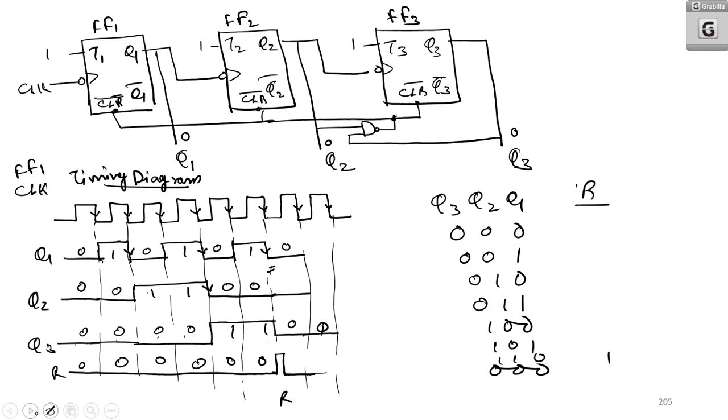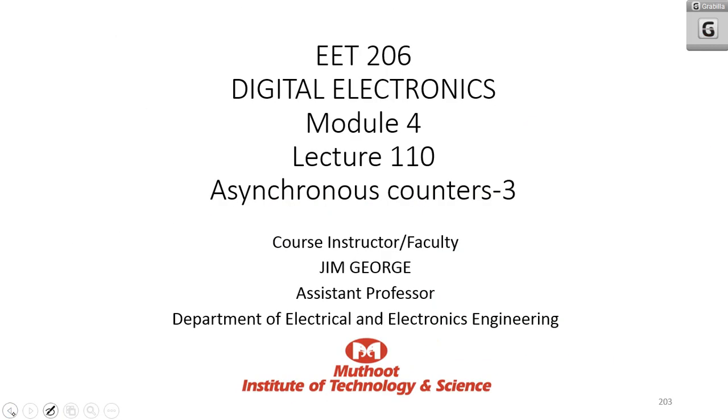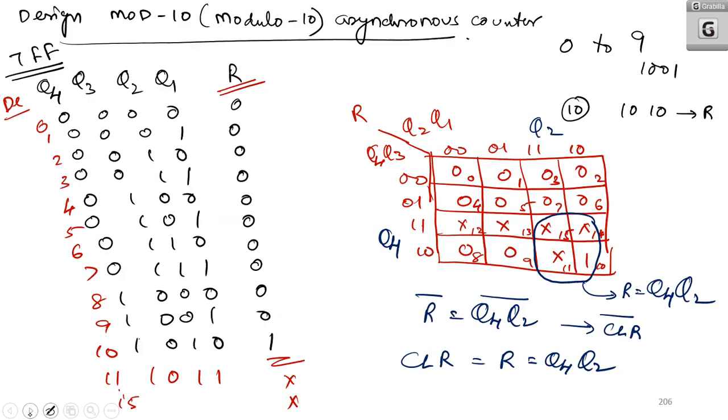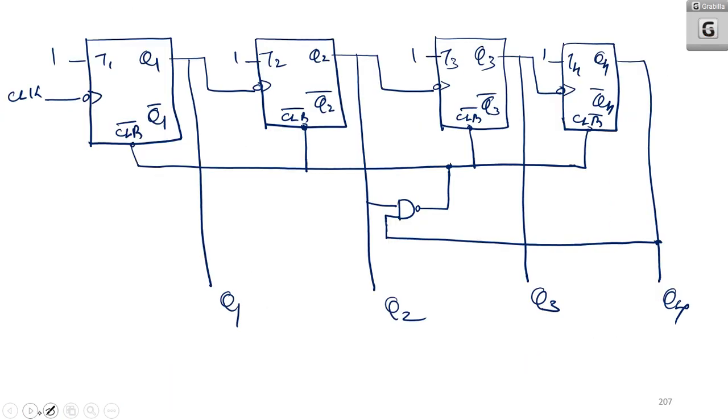So in this lecture we have designed the modulo 6 asynchronous counter as well as the modulo 10 asynchronous counter. Here is how basically an asynchronous counter functions. All the flip-flops should be in toggle mode, and if it is positive edge triggered, Q1 bar should be connected as clock of the next flip-flop.